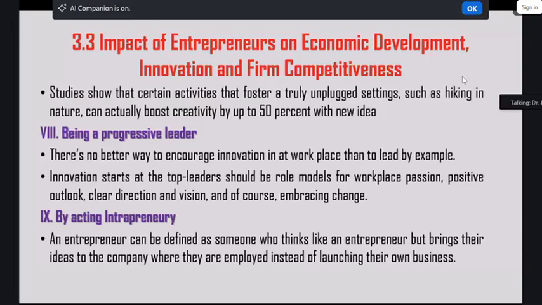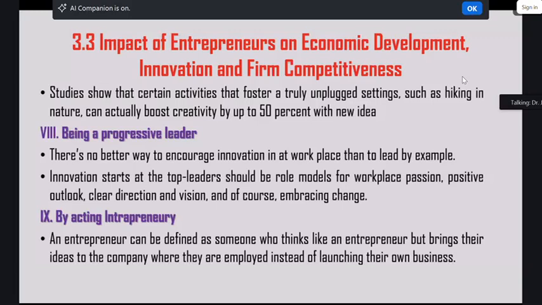And the ninth point is acting as entrepreneurs. An entrepreneur can be defined as someone who thinks like an entrepreneur but brings their ideas to the company where they are employed instead of launching their own business. So, the environment where you work every day: how can you improve the way of doing things?